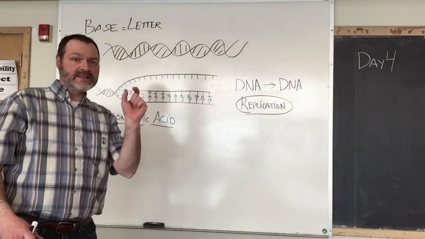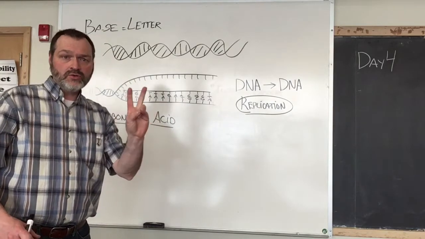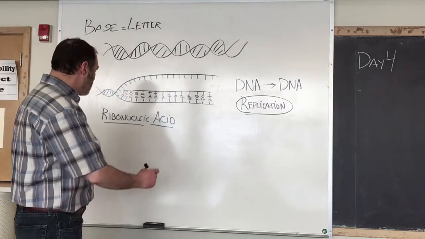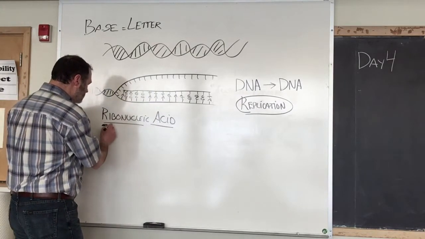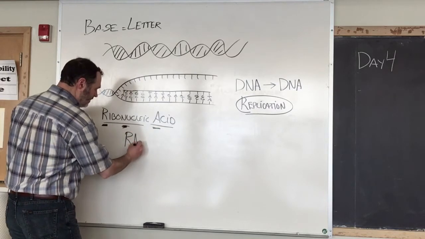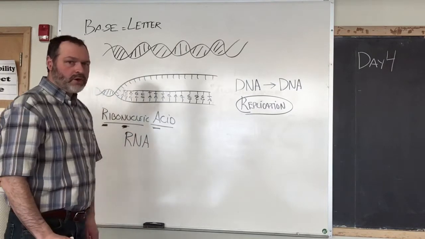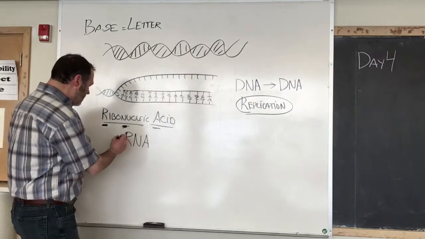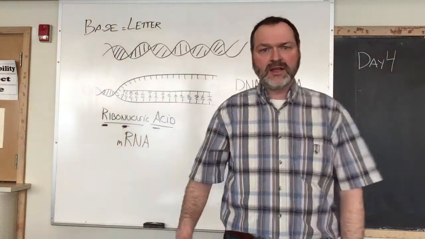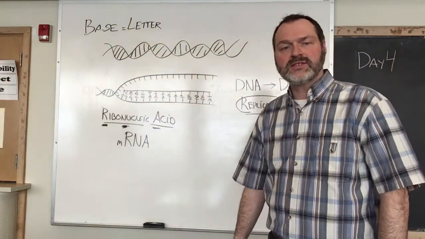It doesn't have that D or 2 prefix in front of it. It's just ribonucleic acid. Ribonucleic acid is otherwise known as RNA. And a really important type of RNA is called messenger RNA. It's got a little lowercase m in front of it, mRNA or messenger RNA.